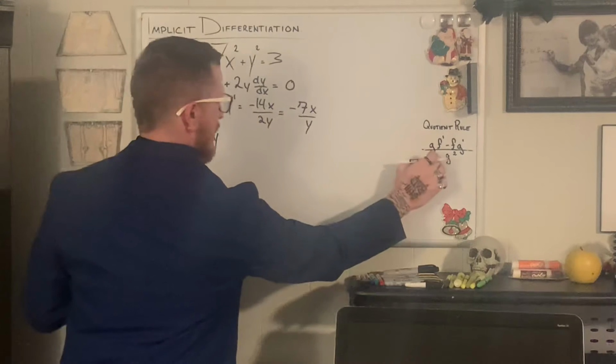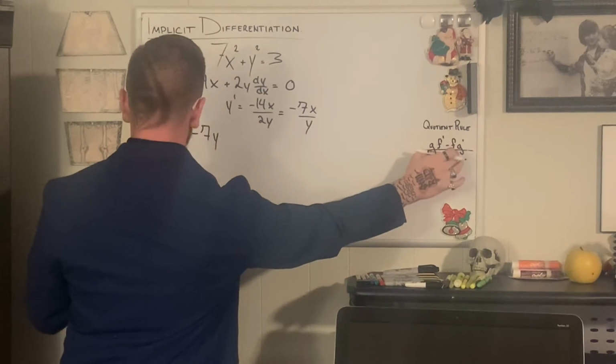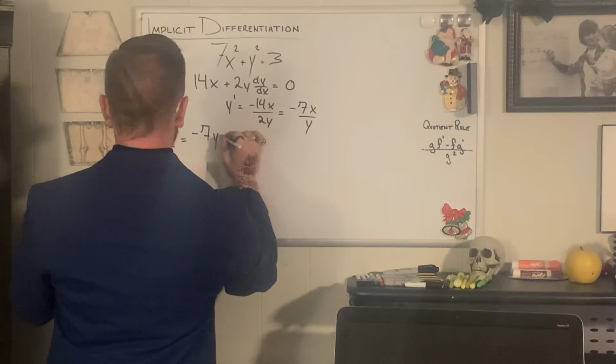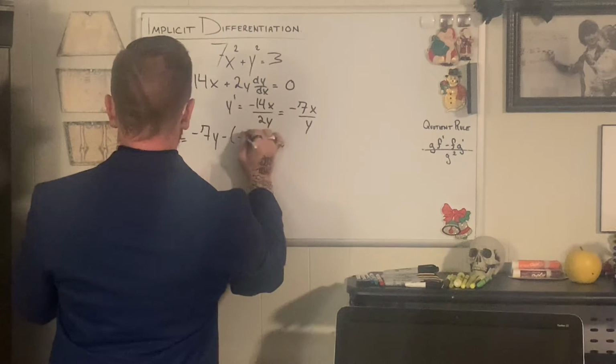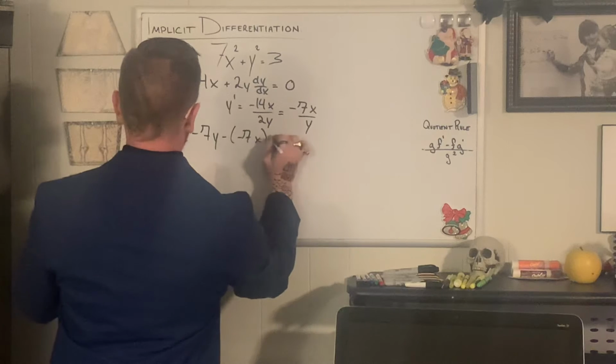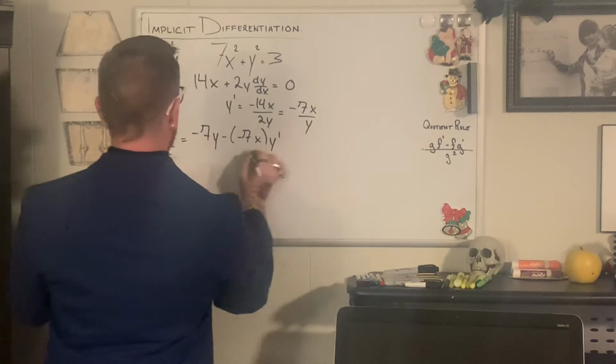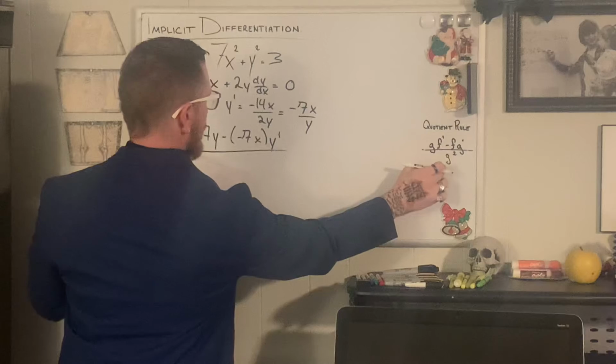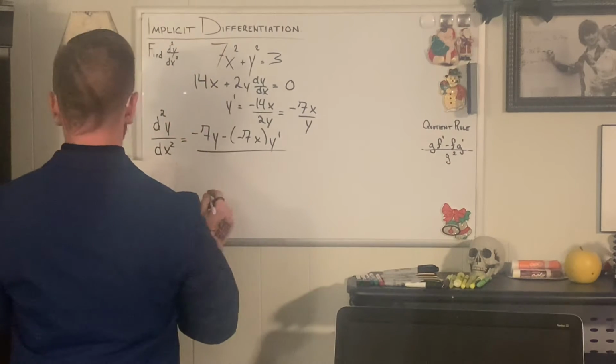Then we have minus f of x times g prime of x, so that's going to be minus 7x y prime, all over g of x squared, or in our case, y squared.